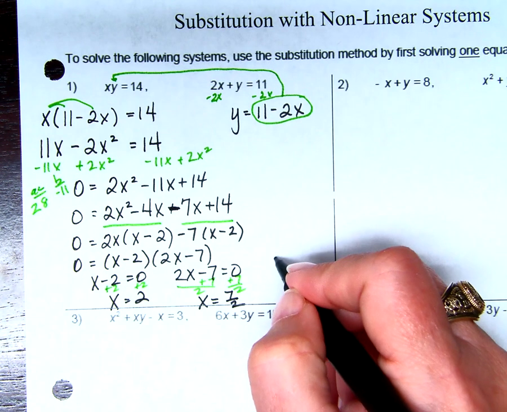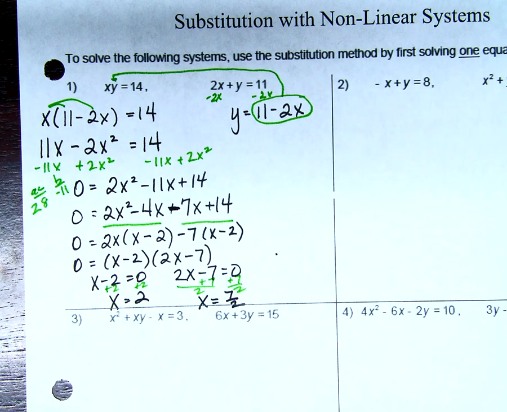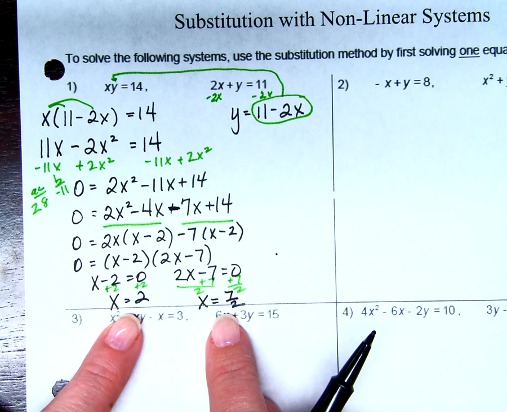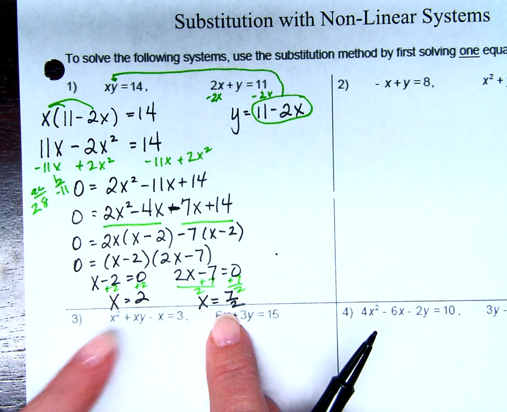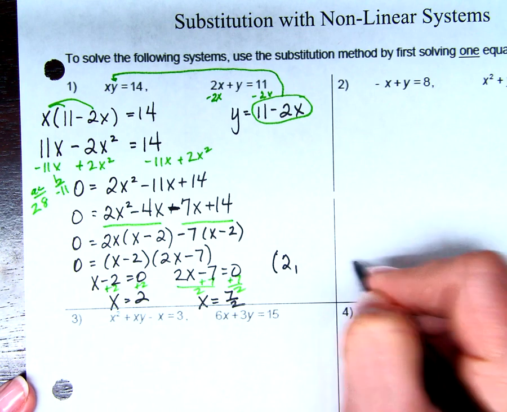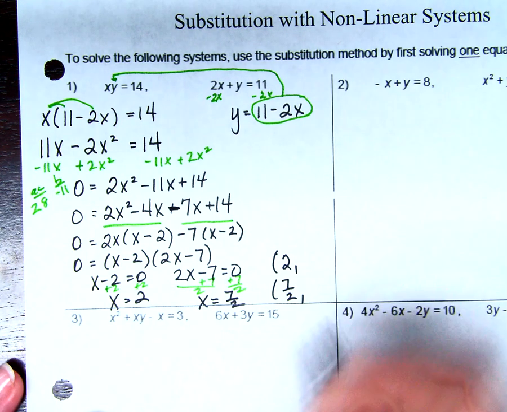Okay. So what did I just figure out? What my x's are. And I got 2 x's. So what does that mean? Oh, I have 2 solutions, right? So one of them starts 2 comma something, and another starts 7/2 comma something, right?